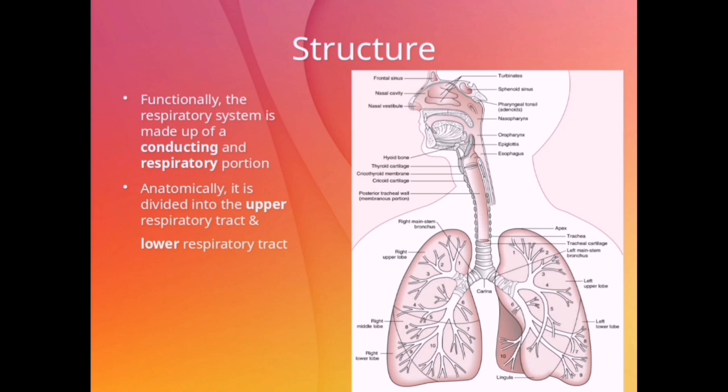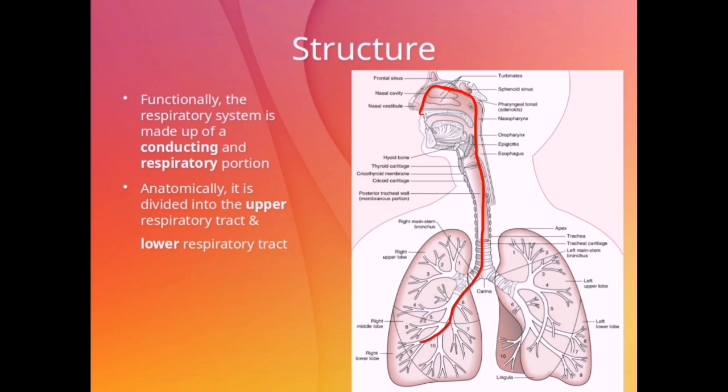This conducting portion begins in the nose, from the nasal vestibule, the nasal cavity, the pharynx, the larynx, the trachea, the bronchi, the bronchioles, and it ends at the level of the terminal bronchiole.